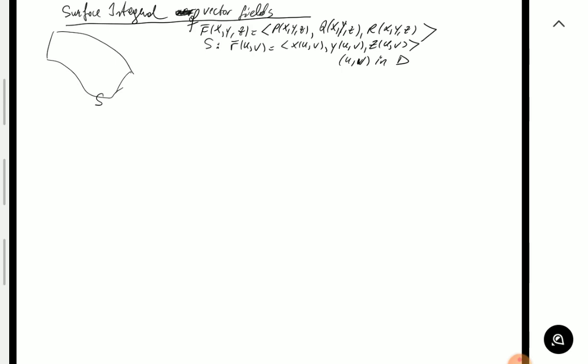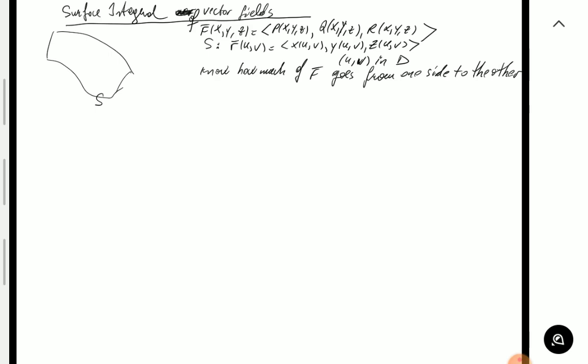Imagine that this surface is a net, or a surface in general that allows the water to go through, like a permeable surface. As a motivation, or the default example, we want to know how much of this fluid F goes from one side to the other.